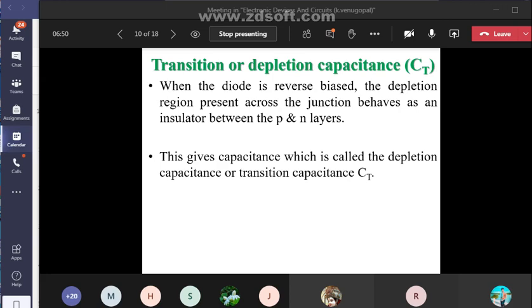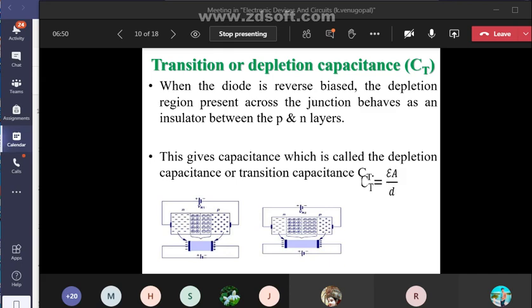So we can write CT equal to epsilon A by D. This is the transition or depletion capacitance.